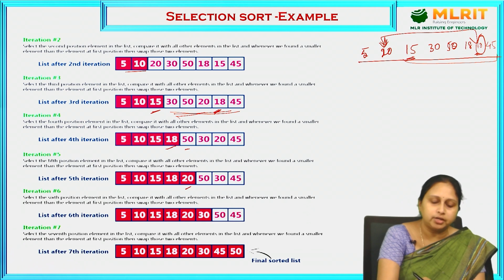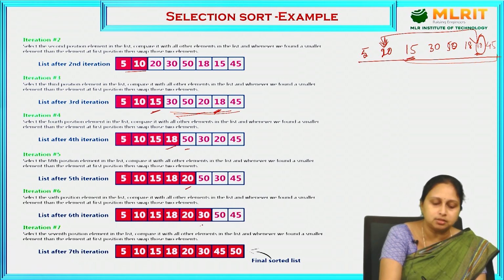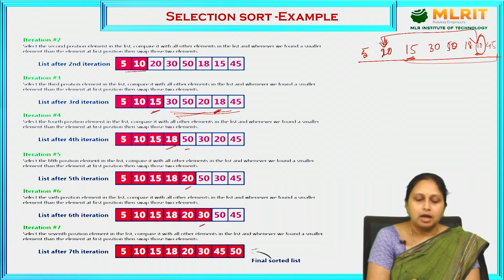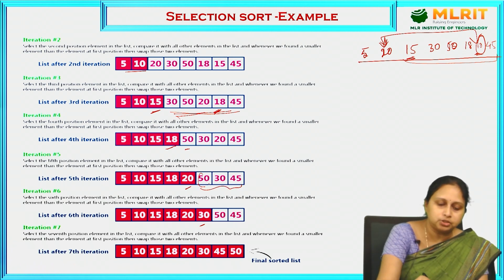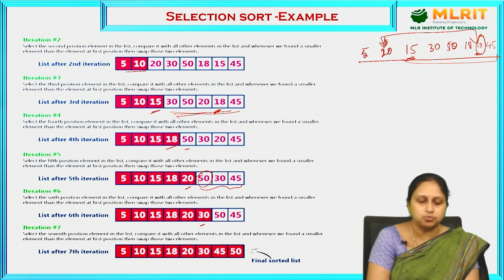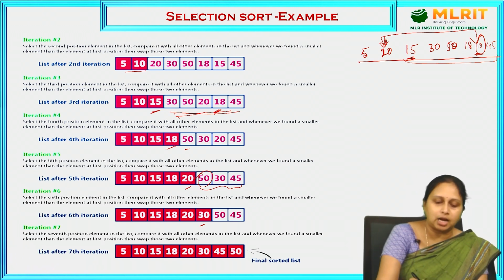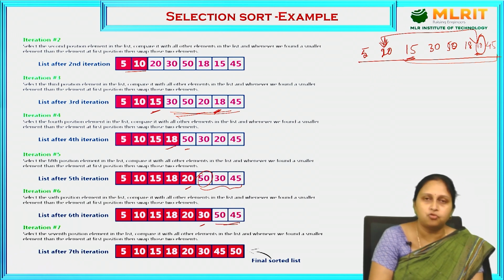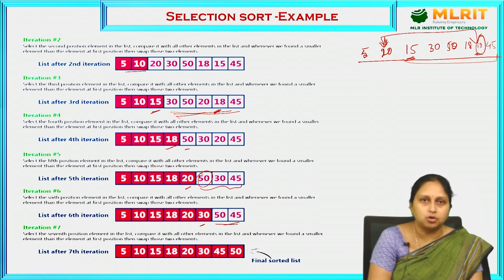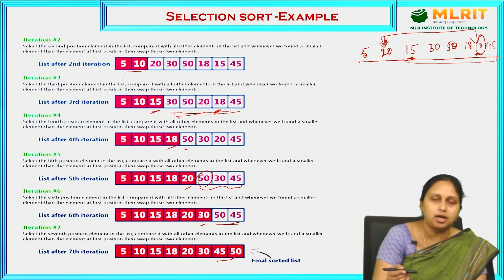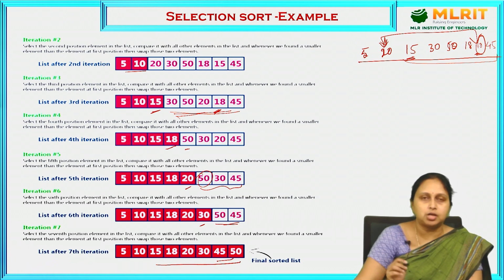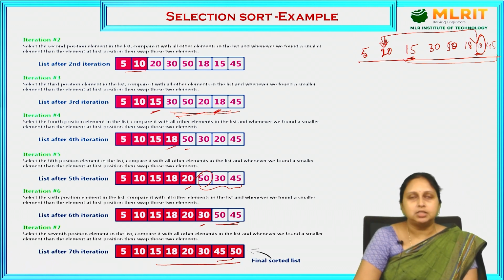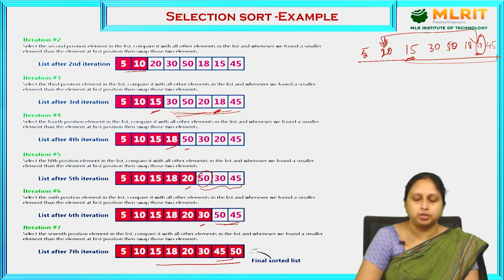And then the next element, 30, is going to be placed, and while comparing these three elements, in this position we need to get the smallest element, so 30 and 50 are going to be swapped. And finally we are left with 50 and 45. These two elements are going to be compared, and 45 and 50 are going to be swapped, and we get the sorted list like this. This is how the selection sort algorithm works.